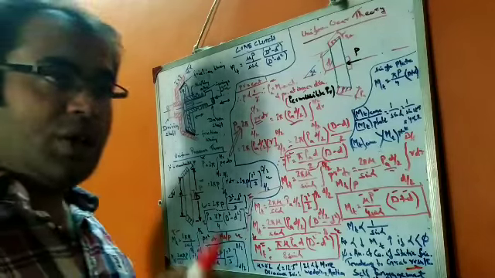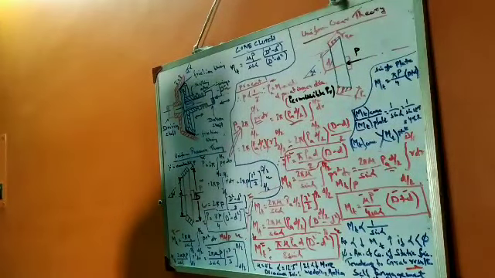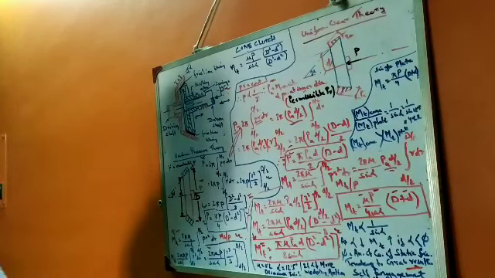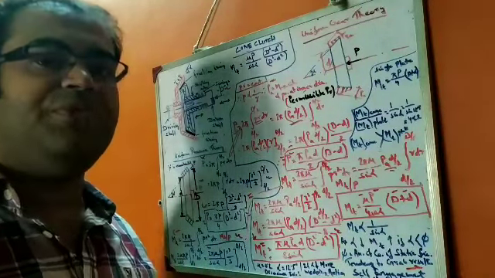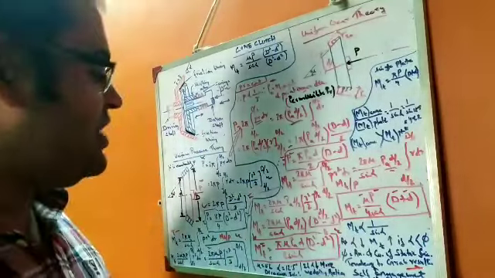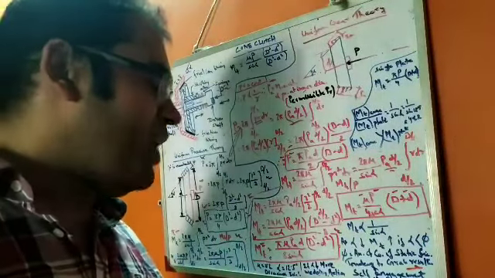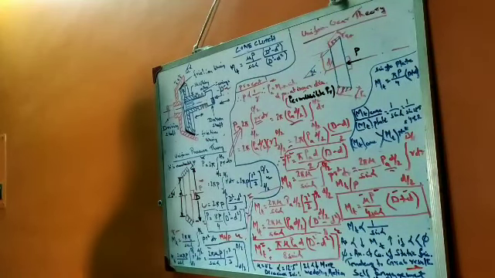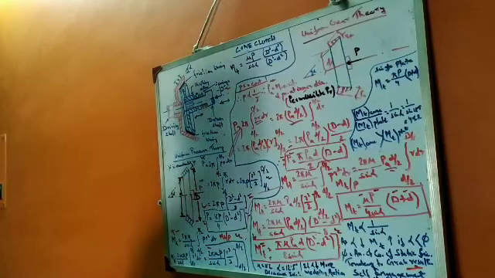For a given coefficient of friction mu equal to 0.2, we have taken alpha equal to 12.5 degrees.